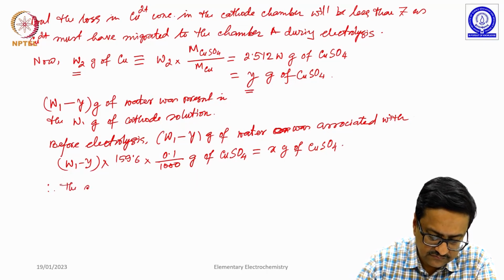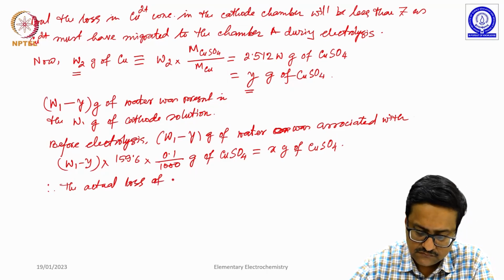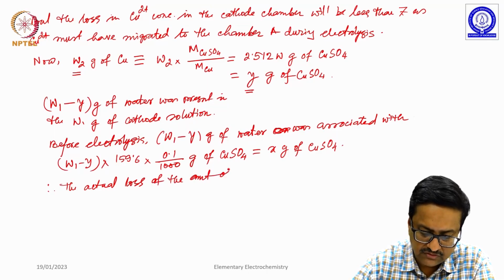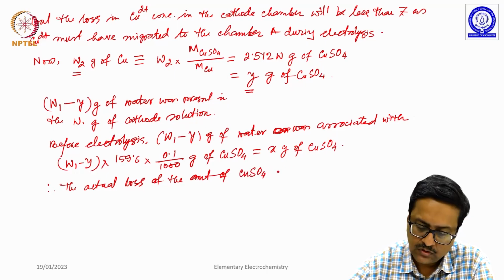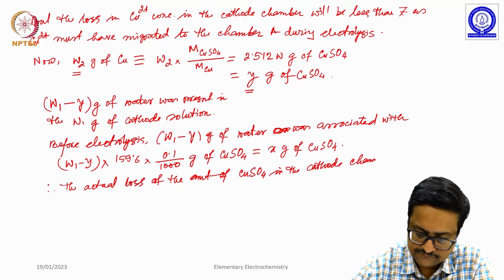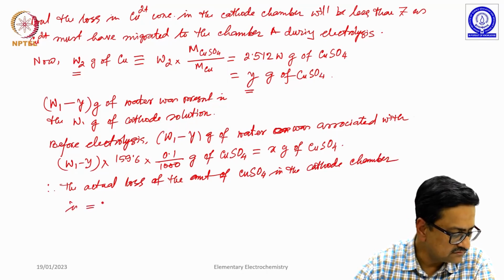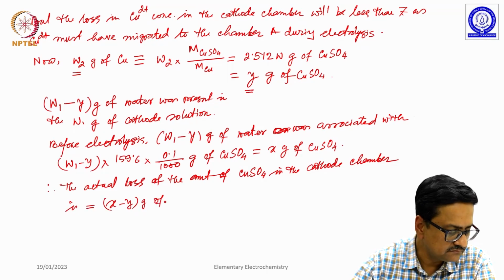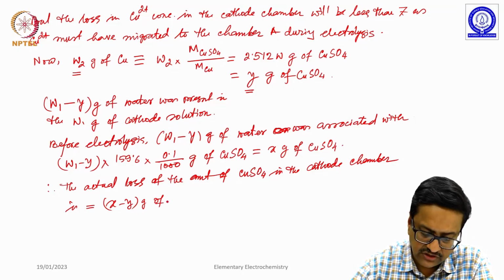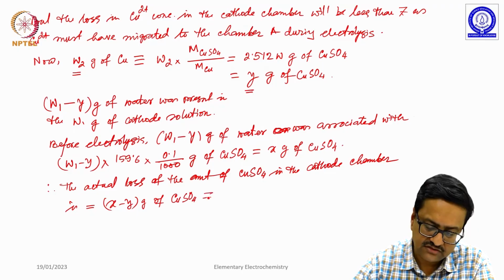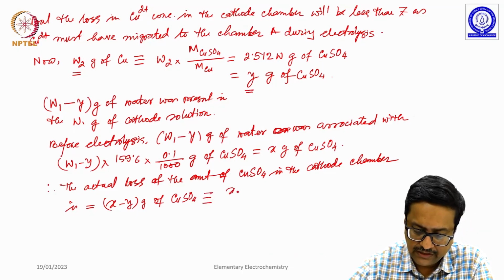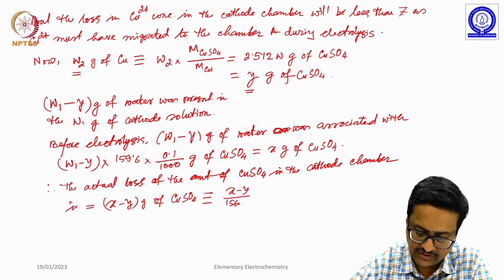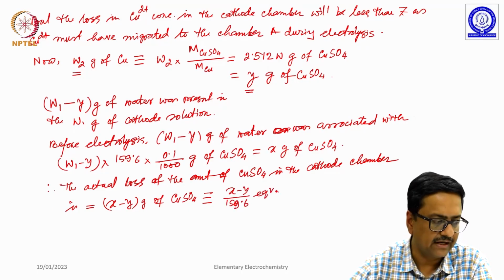Therefore, the actual loss of the amount of CuSO4 in the cathode chamber is equal to x minus y gram of CuSO4, which is equivalent to (x minus y) by 159.6 equivalents, correct.